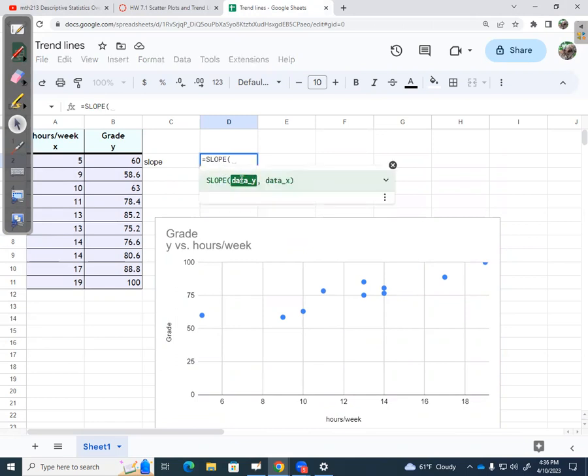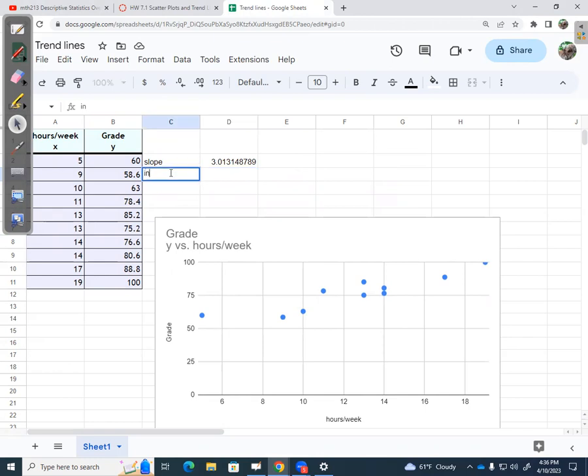And the slope command says get the y data first. That's super important that you get the order right. So I highlight just the y values, and then it wants a comma, and then it wants me to highlight the x data. So then I highlight the x data, and then I close the parentheses. And according to the spreadsheet, the slope of these points on average is about 3-ish.